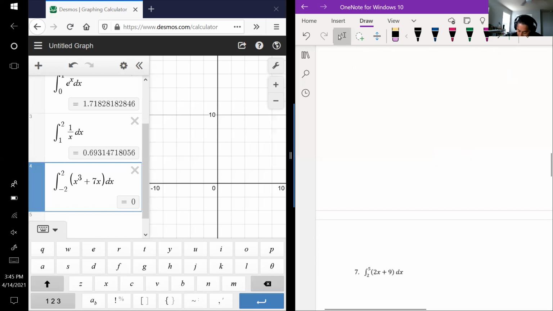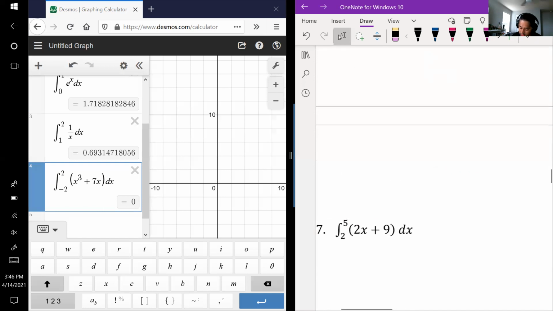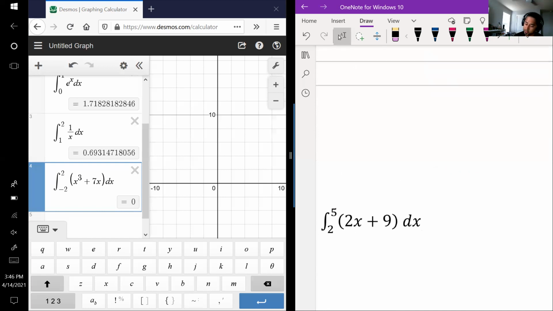Okay. 7. The integral from 2 to 5 of 2x plus 9 dx. So this will give me, first one is power rule. So you'll get 2x squared over 2.